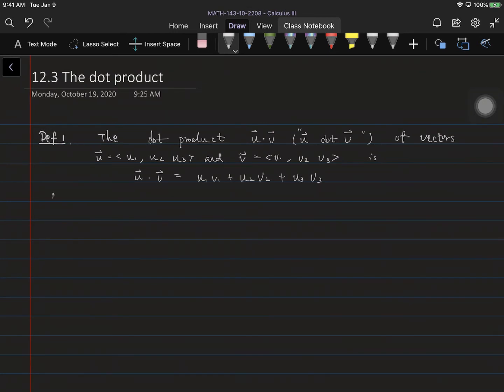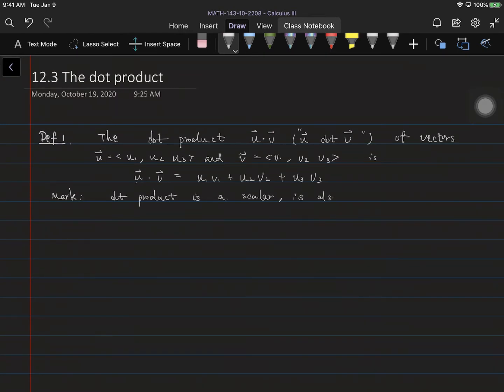And here, the dot product actually is a number, right? Even though u and v are both vectors, the dot product is a scalar, which is called a number. So it is also called the scalar product.